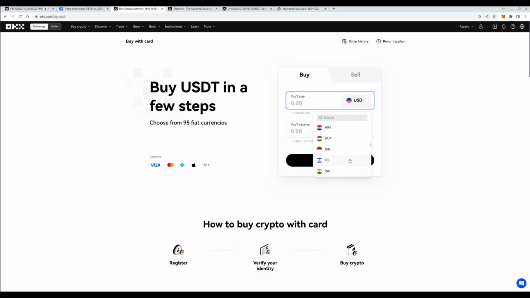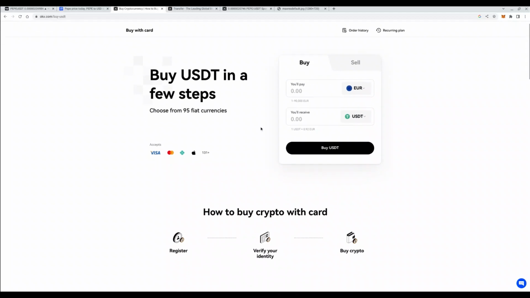They have Japanese yen, they have euro, basically whatever you want. And you buy USDT because that's what you will trade in when you buy your Pepe coin, because all of the coins, or most of them, are traded with a USDT pair.